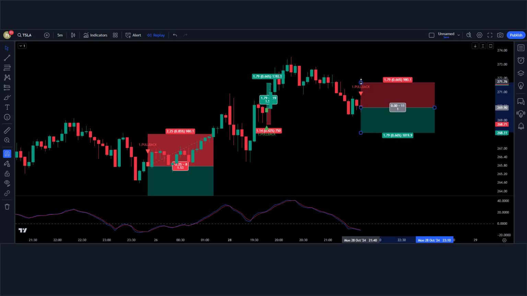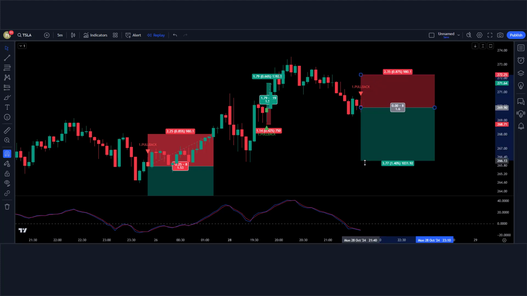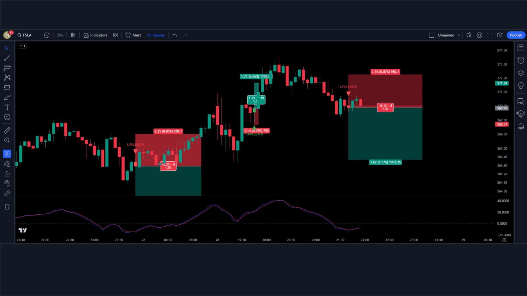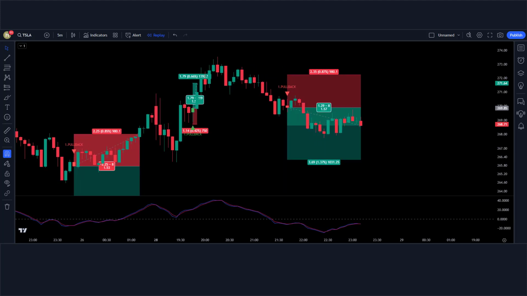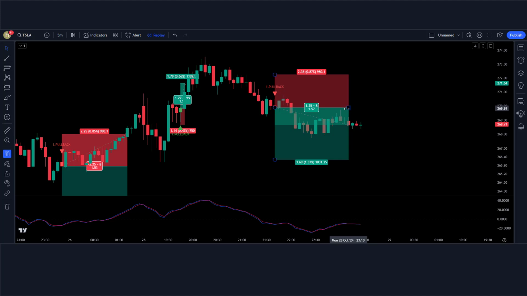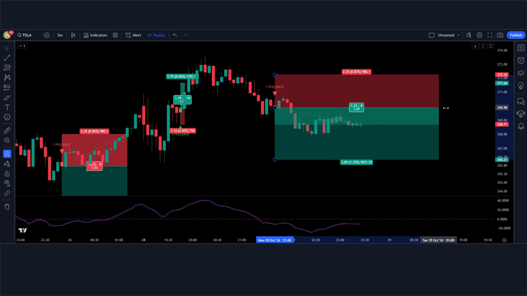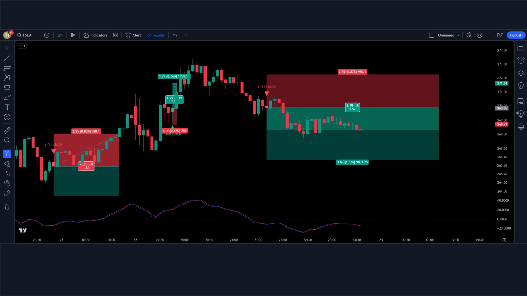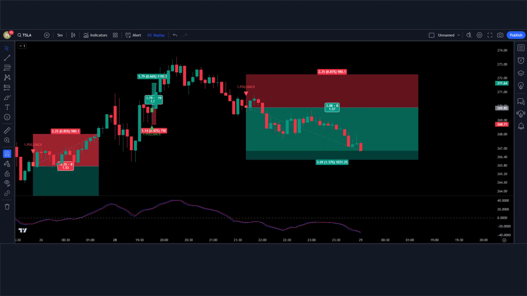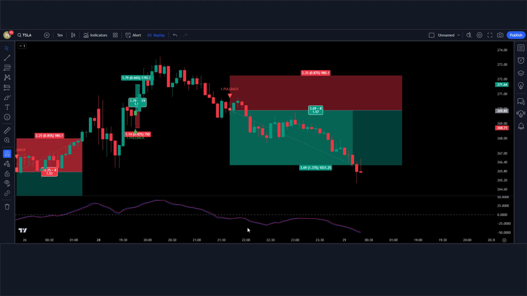Our stop loss will be placed at the current market's higher level, and the risk to reward ratio will be 1:1.5. Let's see what happens to our trade. Our trade is running in profit. We have won the trade.